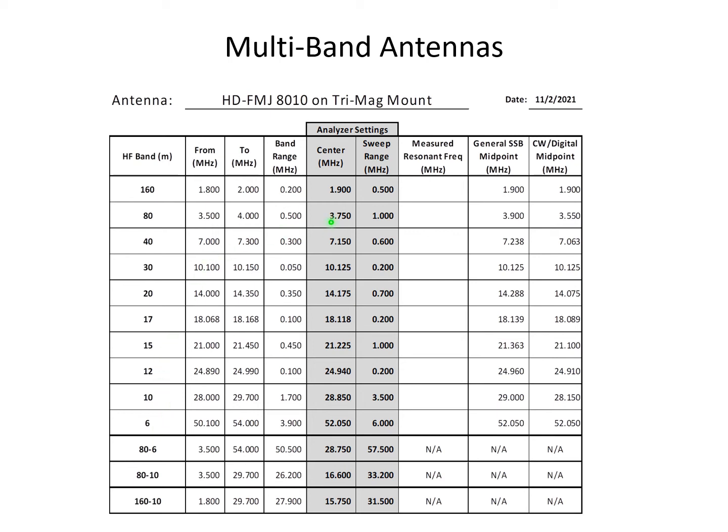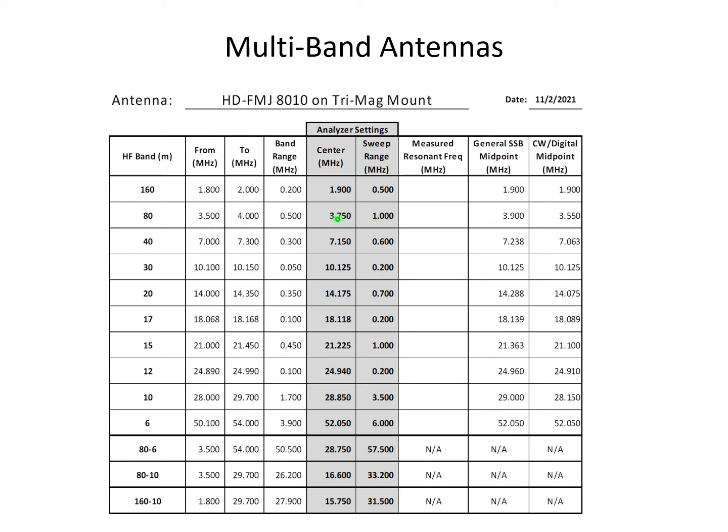And the way my analyzer's set up, you can enter in a center frequency of the range that you want to cover. In this case, let's say 80 meters. The center range I've calculated for that is 3.75 megahertz with a sweep range of 1 megahertz. So that'll be plus or minus 500 kilohertz.